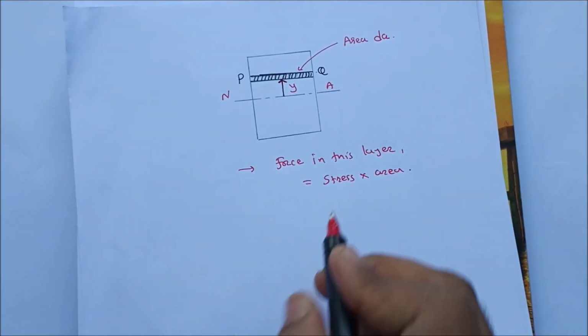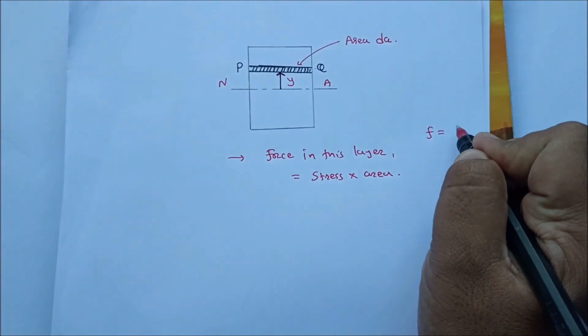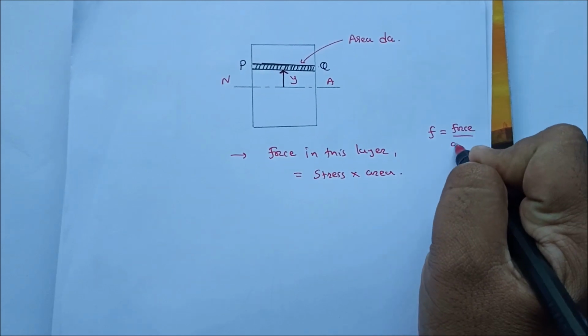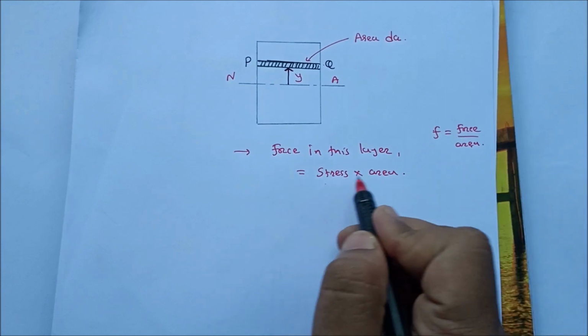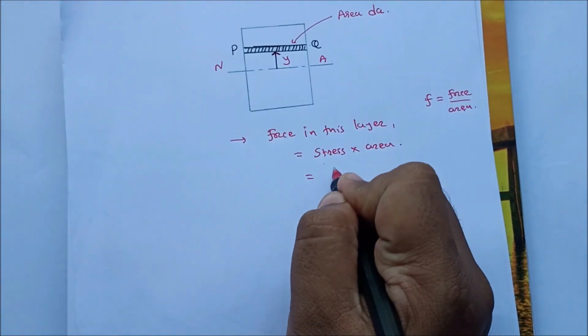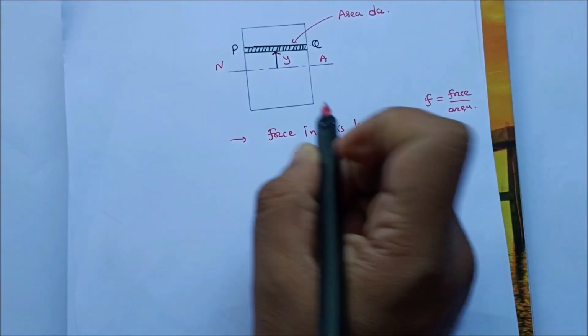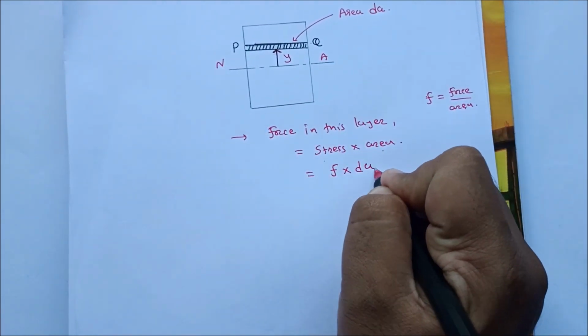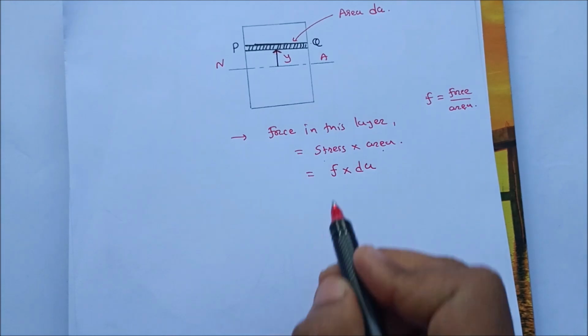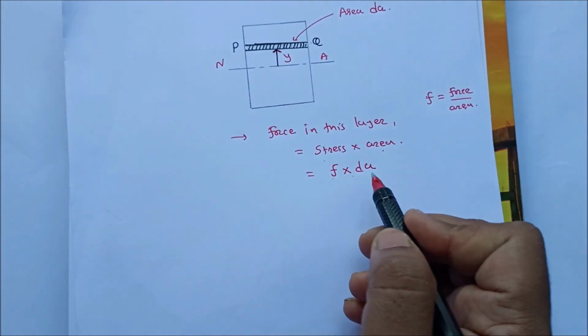How does this equation come? Stress is force per unit area, so force is equal to area multiplied by stress. Here it is bending stress, so F, and the area of this layer is dA. So we can write the force in this layer as F multiplied by dA.